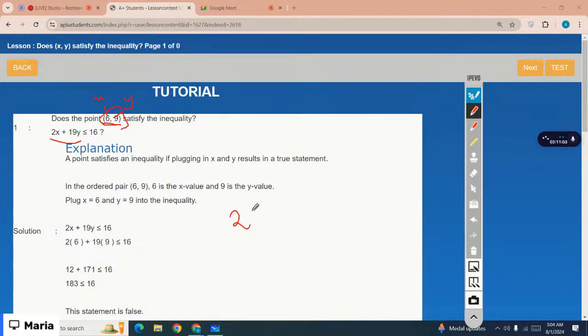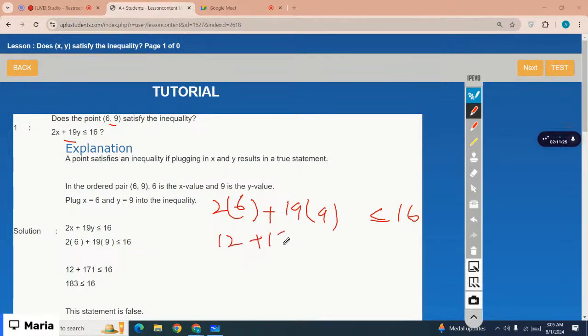So 2 times x, and x is 6. That is 2 times 6 plus 19 times y, and y is 9. 2 times 6 is 12, and 19 times 9 is 171.